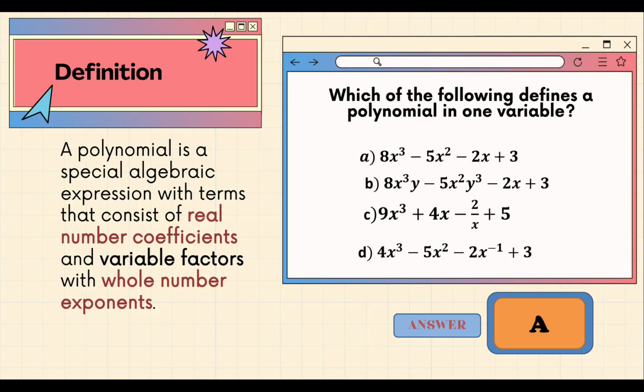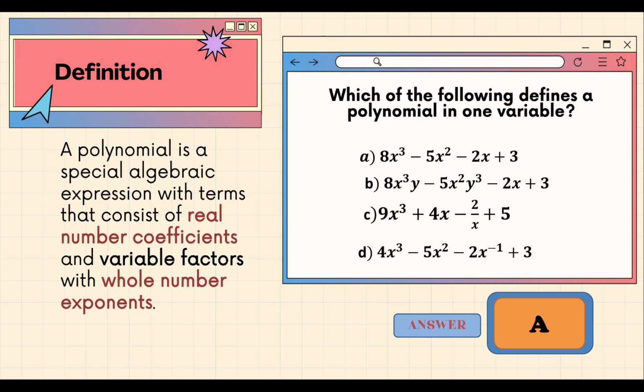So, from items A, B, C, and D, all the coefficients are real numbers. But let us check the variables. In letter B, obviously we have here two variables x and y. So it's no longer a polynomial in one variable.